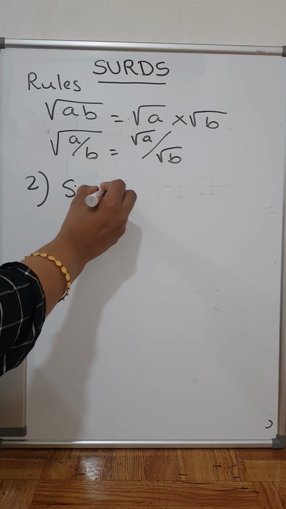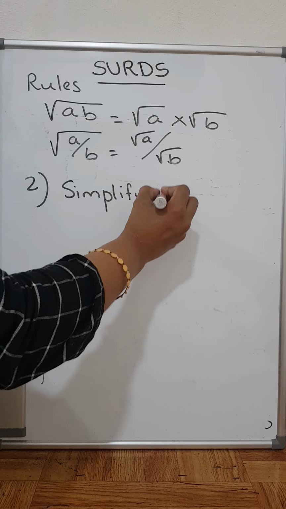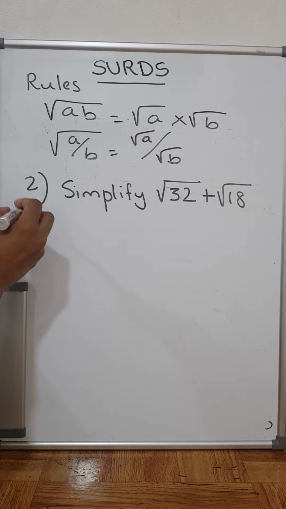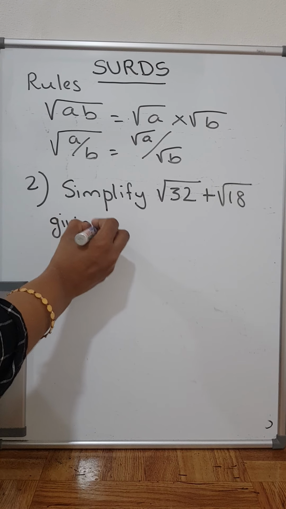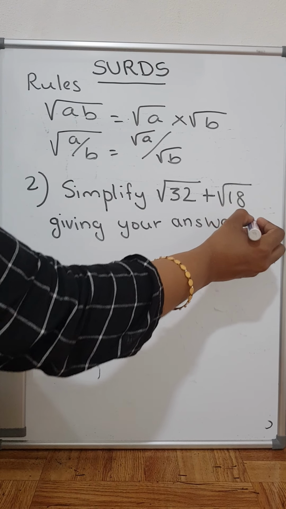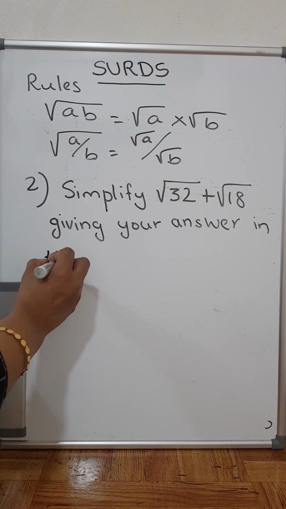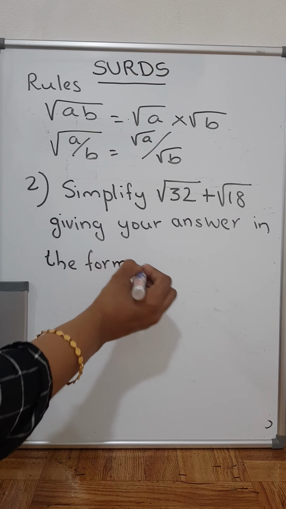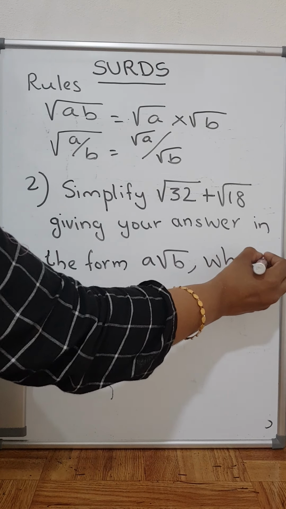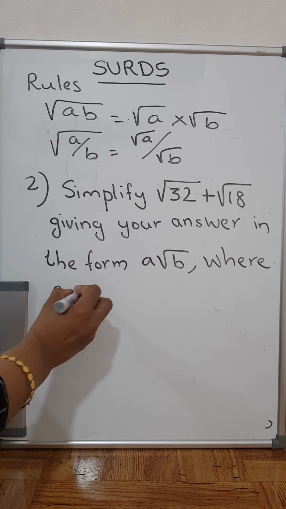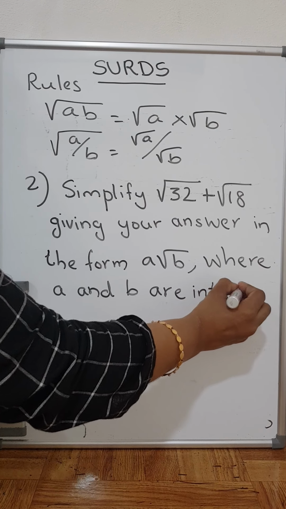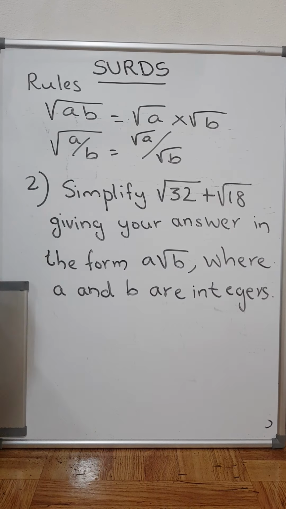Simplify square root of 32 plus square root of 18, giving your answer in the form A root B, where A and B are integers. See what we need to do?